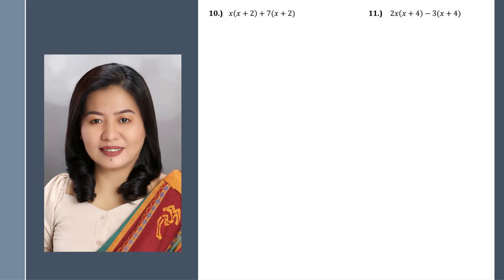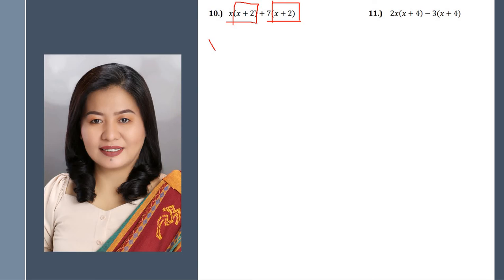So we have given x times (x plus 2) plus 7 times (x plus 2). There are two terms, and looking at the two terms, we can see that x plus 2 is actually the common factor.